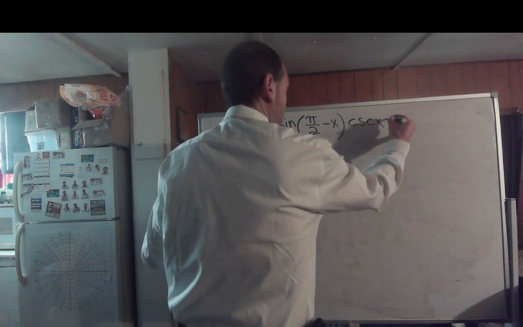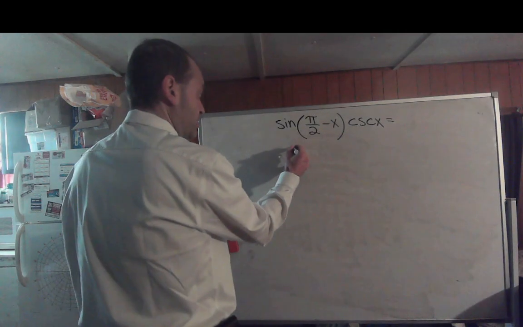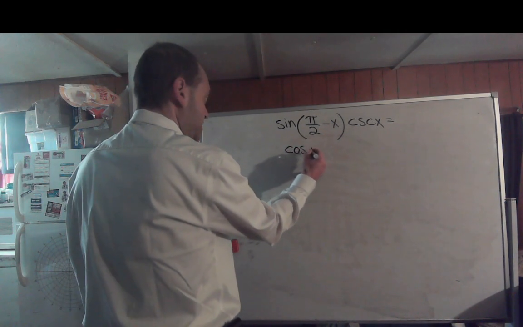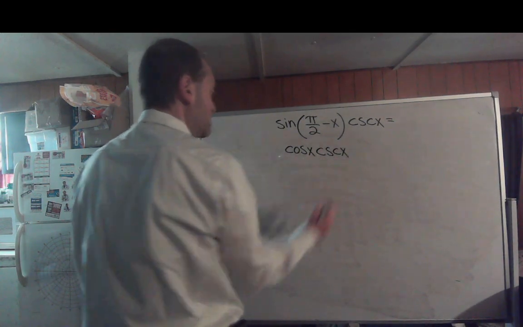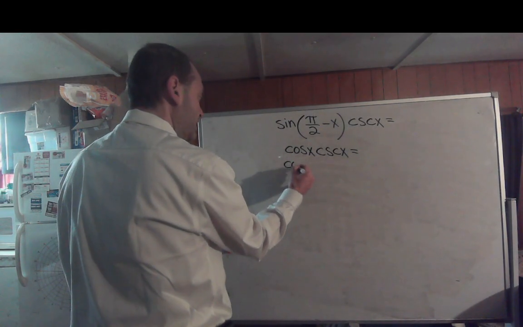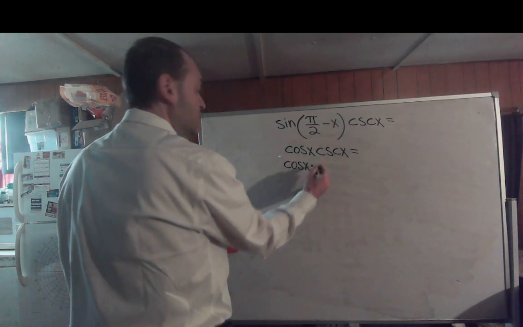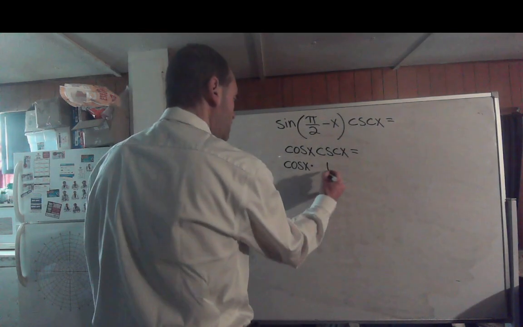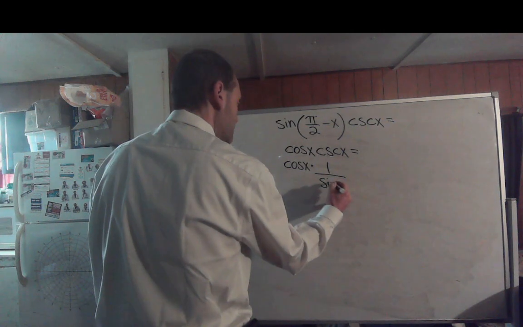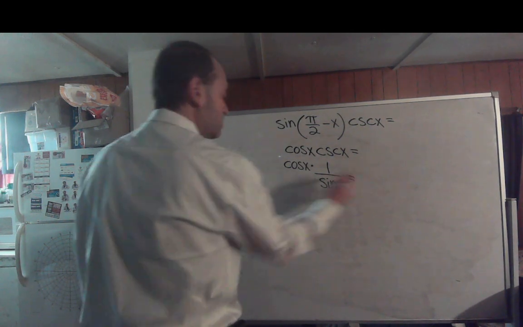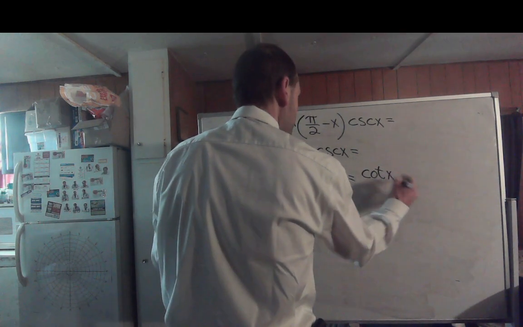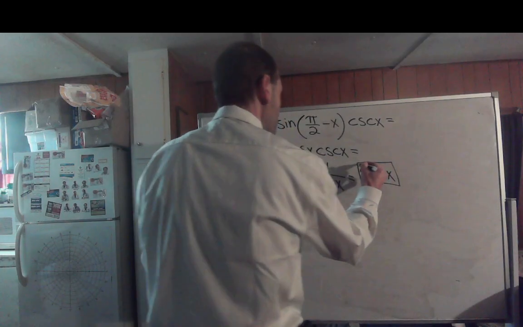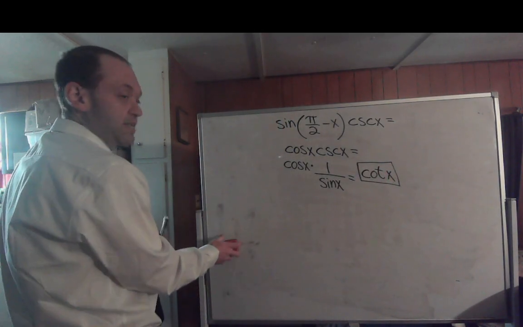So sine of pi over 2 minus x would just turn into cosine of x times the cosecant of x. Alright, so cosine of x will stay the way it is, but what's the cosecant? Well, that's 1 over sine of x. You end up getting cosine over sine, which just turns into the cotangent of x. So the answer you should get is the cotangent of x.